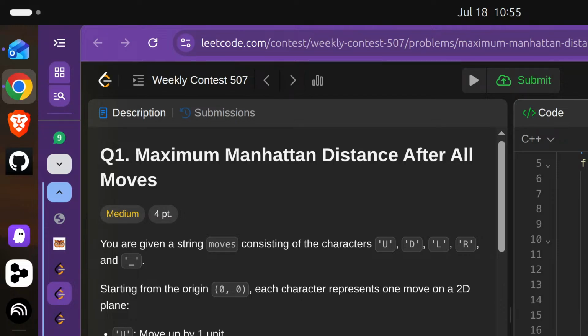So how can I do this? Because I have to get the maximum, right?